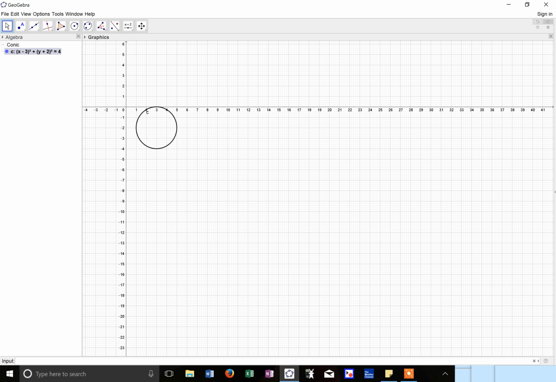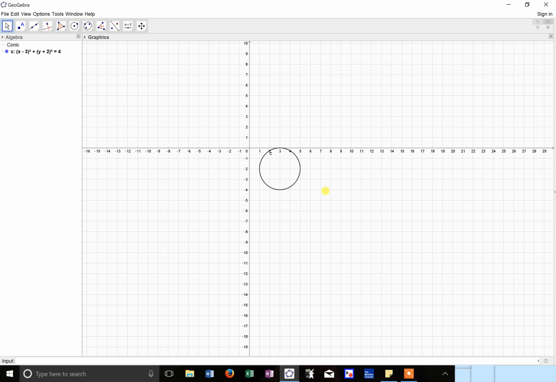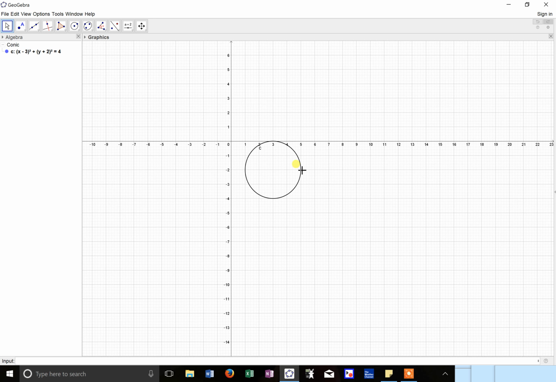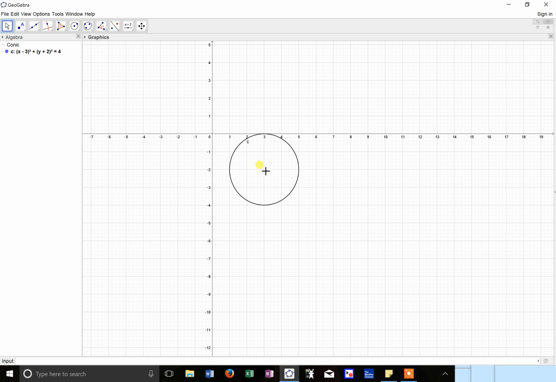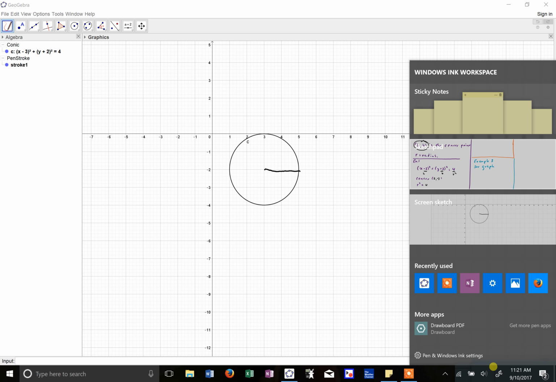And you can see I have a circle, and indeed my center point is here. My center point is here, and it looks like I have a radius of 2, and that should be exactly what we were looking for before. So let's see if that's right. Yep, my center point was 2.